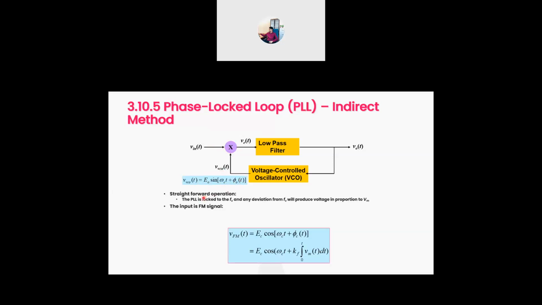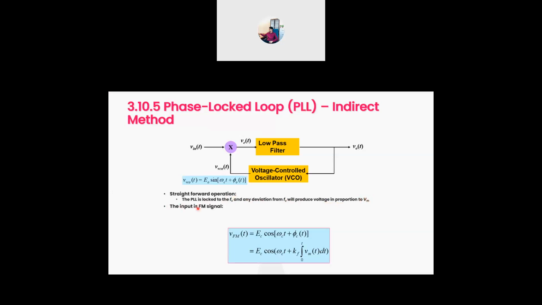So let's see the straightforward operation. The phase lock loop is locked to the FC, and any deviation from the center frequency will produce a voltage in proportion to the modulating signal, which is your VM.